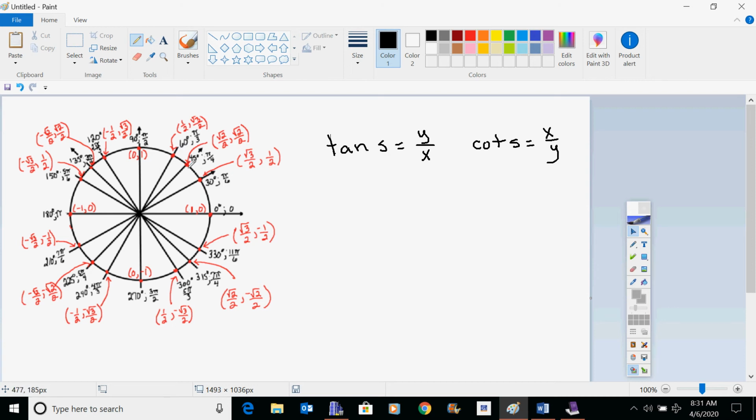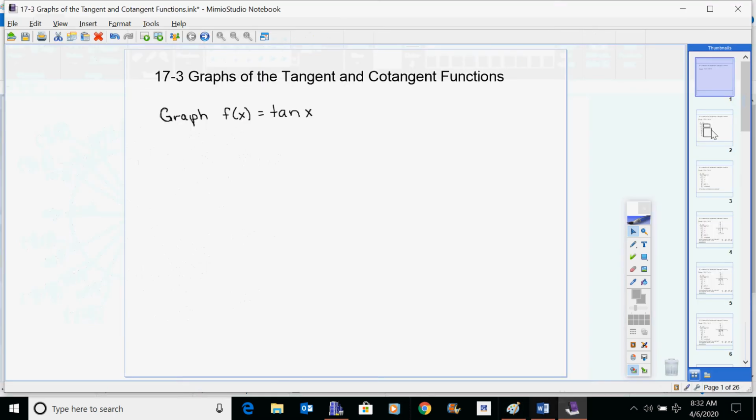As the values are getting further and further along here, we are going to find that those numbers get to be greater and greater when you compare y to x, because the x's are going to be getting smaller and the y's are going to be getting greater, so the number will be getting greater.